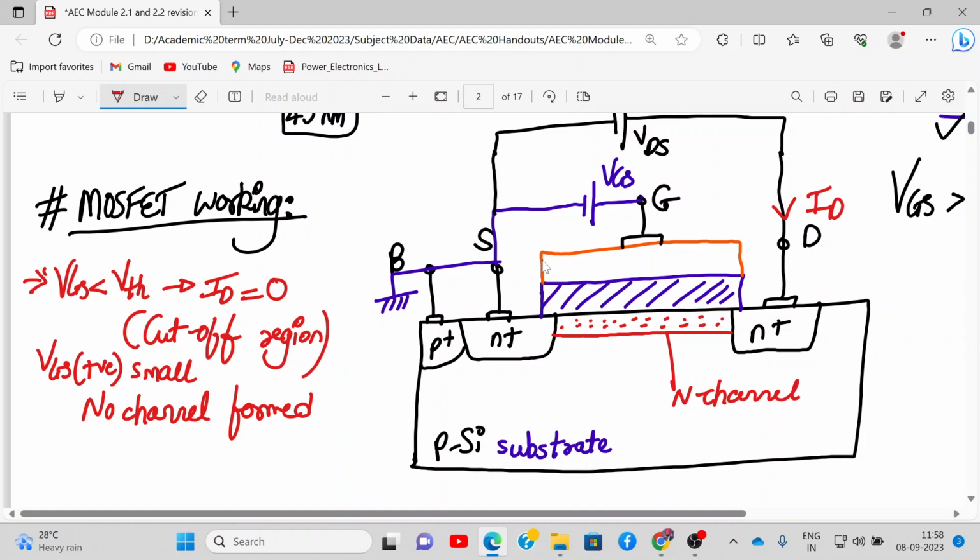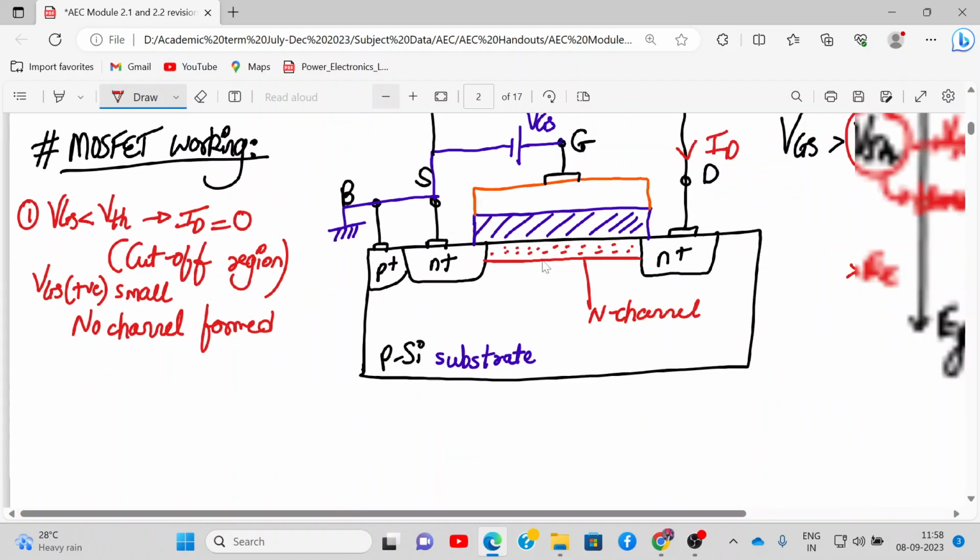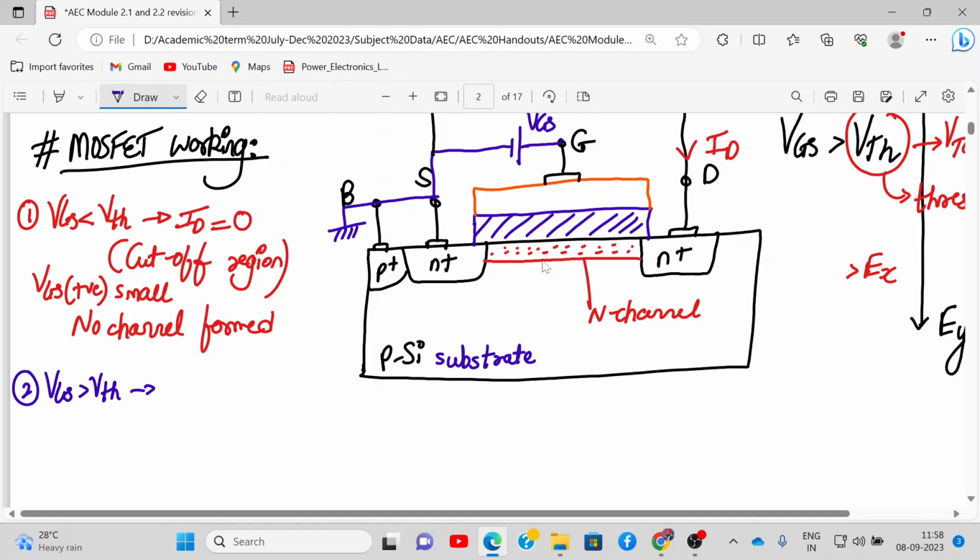Okay, so this is the first step of working. Everyone understood this? No channel is formed, no current flows. Now for the second case, VGS is greater than VTH. So the N channel is formed.